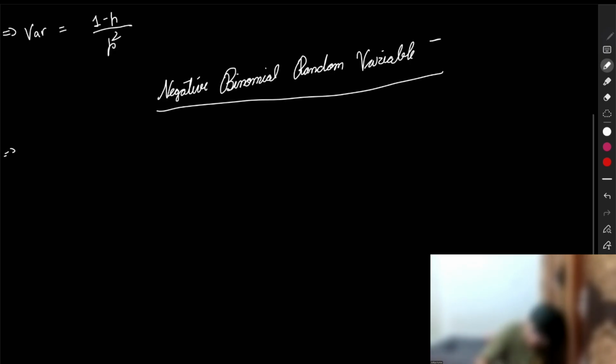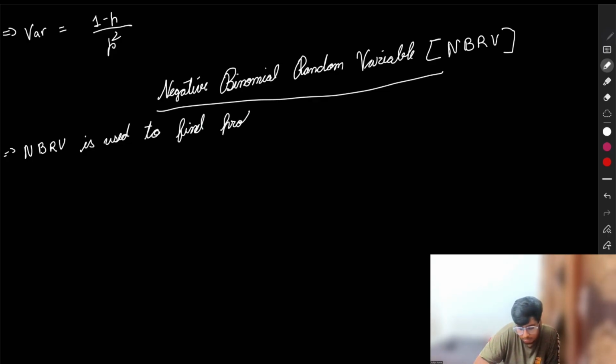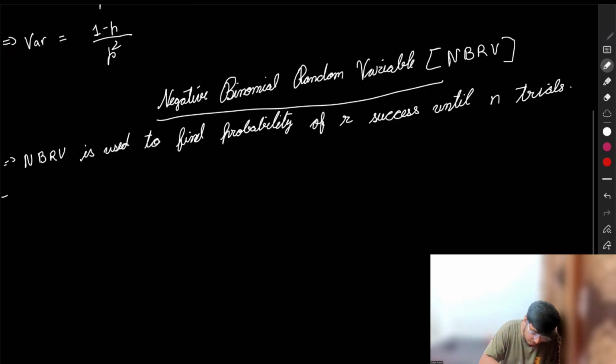The abbreviation is NBRV. So the negative binomial random variable is used to find the probability of R successes until n tries. Here also I mistakenly wrote not after, but until. Yes, until n tries.